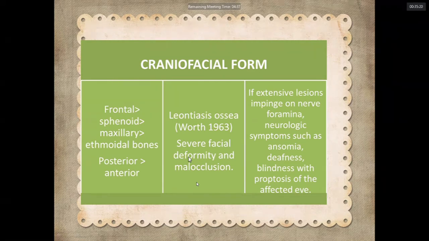So the extensive lesions impinge on the nerve foramina and result in several neurologic symptoms such as anosmia, deafness, blindness with proptosis of the affected eye. So these are the three different forms of polystotic fibrous dysplasia.